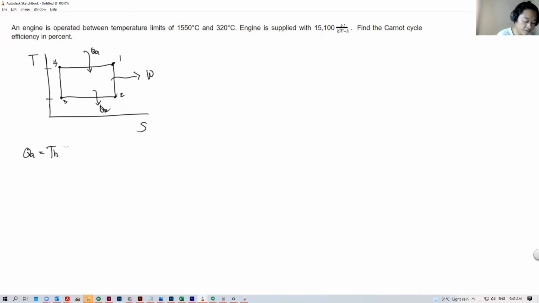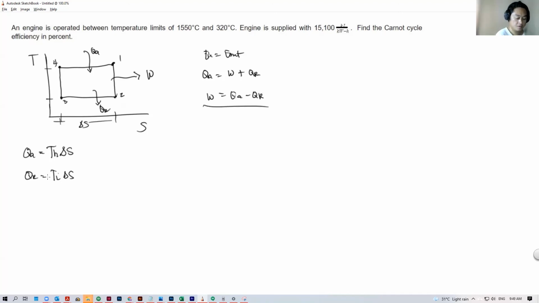QA is equal to TH, the higher temperature, multiplied by the change of entropy, delta S. And QR is just equal to the lower temperature multiplied by delta S. Now for work, we can do an energy balance: what's coming in is QA, and what's going out is work plus QR. So work is equal to QA minus QR.